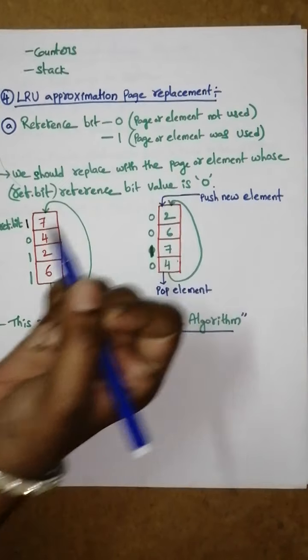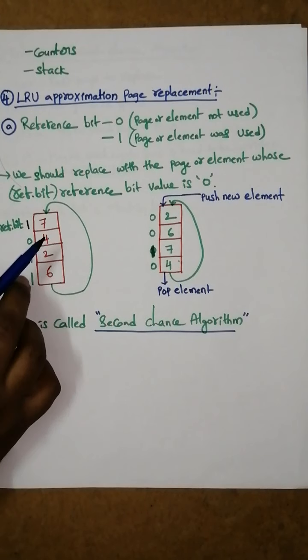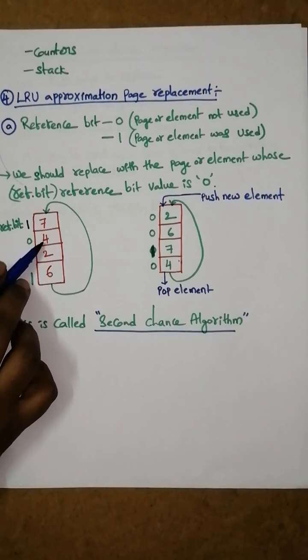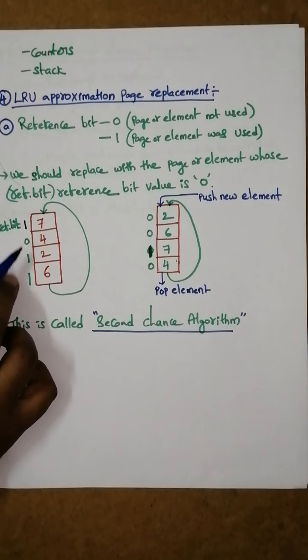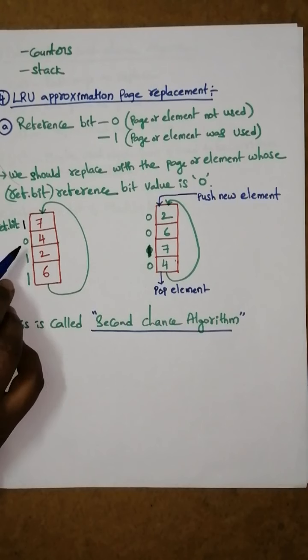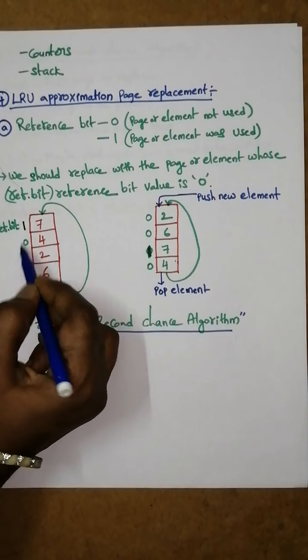Now let's see one example here. If you observe, these are the pages. Here there is a page 4 whose value is 0, and 2, 6, 7 whose values are 1. It means these three pages were recently used, whereas the page 4 is not used anytime. So I want to insert a new element into this frame, but it is not empty.